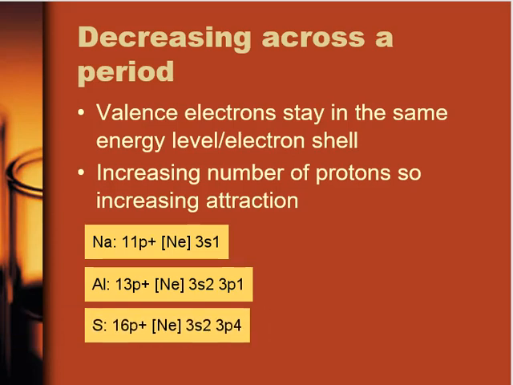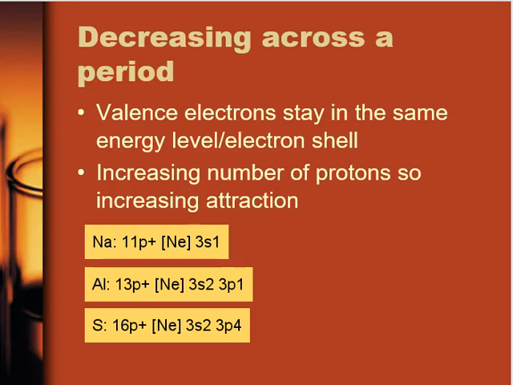And so again, you can see that we're not adding extra shells on, we're putting more electrons into the same shell, but we are putting more protons in the nucleus. We're getting more attraction, therefore pulling those valence electrons closer to the nucleus and making that atom smaller. That is explaining the trend.